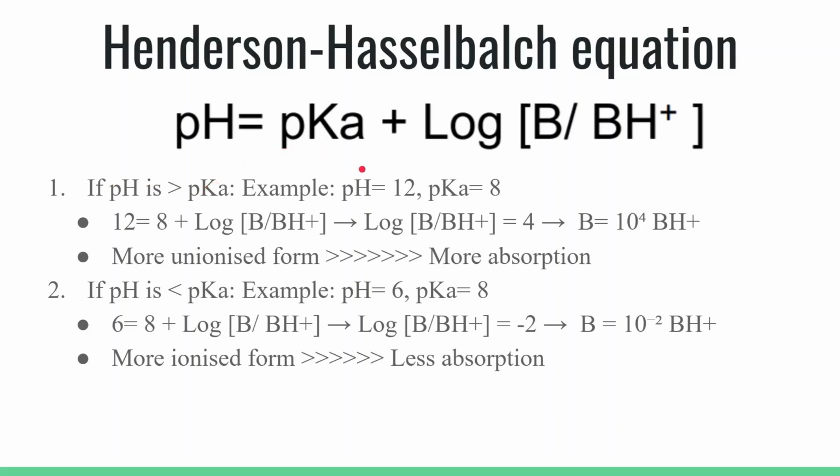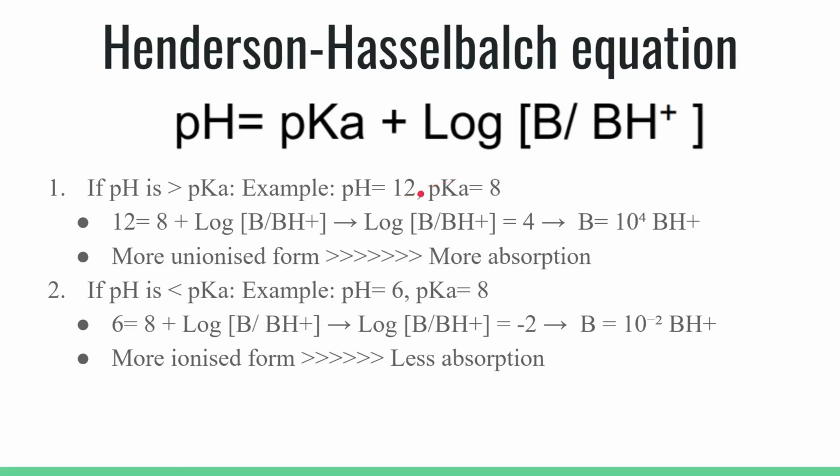This means that the medium is much more basic than the drug you're administering, which means that when you drop the drug into the medium, it's not going to accept any protons. The medium is not going to donate any protons because it's already much more basic, which means that most of the drug is going to stay in the unionized form.